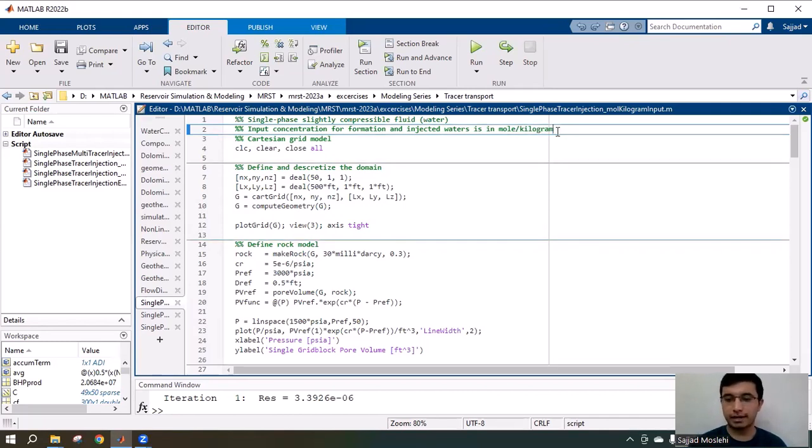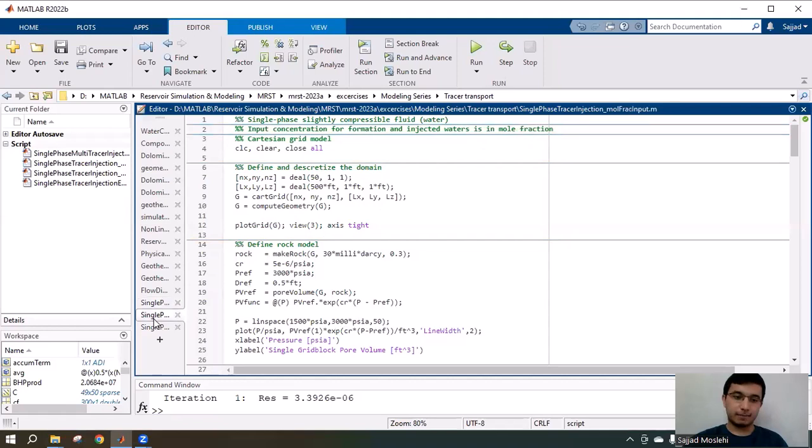All right, so note that this is not molal. Molal is 1 mole per kilogram of the solvent. All right, for example, water. But here I have mole per kilogram of solution.